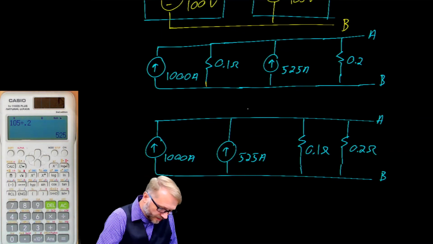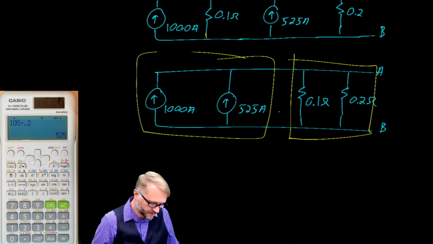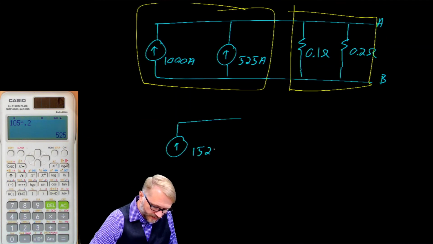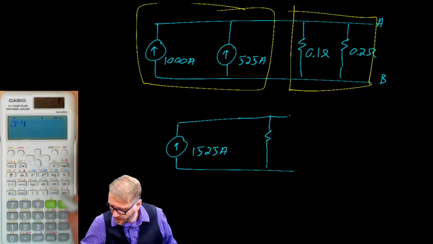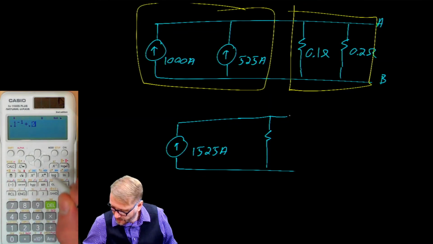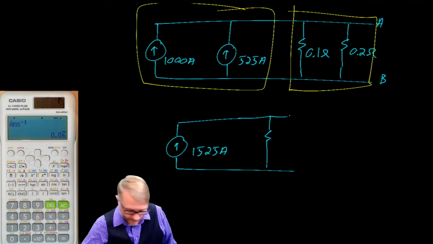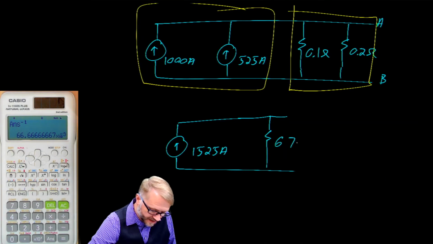At this point, all we have to do is combine those two together and combine those two together, which gives us 1,525 amps. And this resistor is 0.1 inverse plus 0.2 inverse equals inverse. So that is, let's see, let's put that in engineering mode. So we'll call that 67 milliohms.